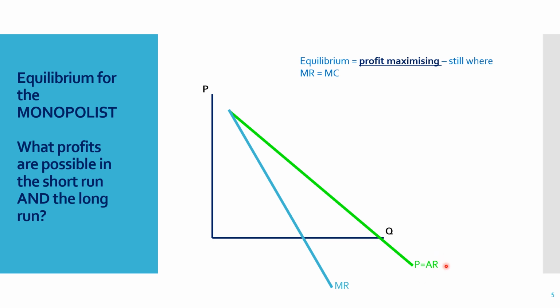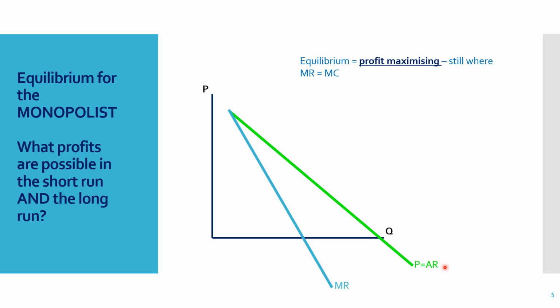So if you're confused as to which one is your demand curve, make a big NB for yourself. AR is always the demand curve. MR, in the case of the monopolist, will always be below the AR curve. Please make sure you know why. Take a look at your notes, your slides, your textbook, and make sure that you can explain why the MR is below the AR curve.